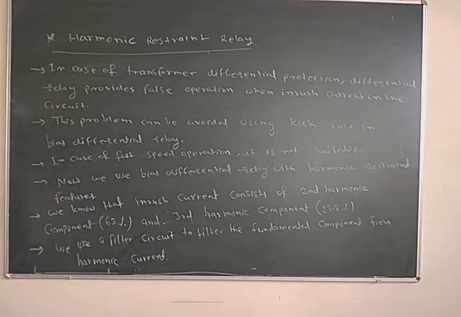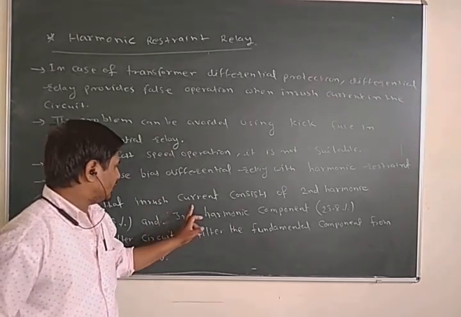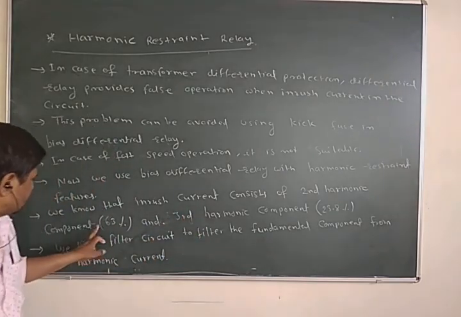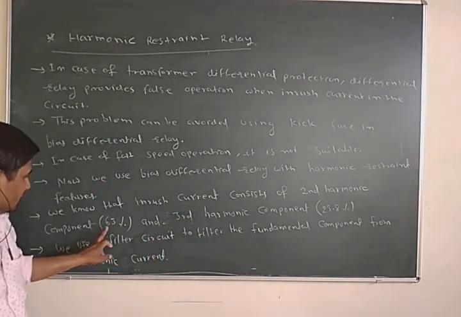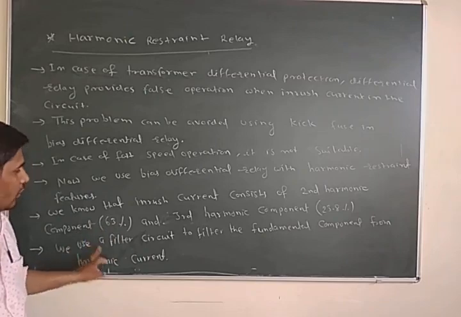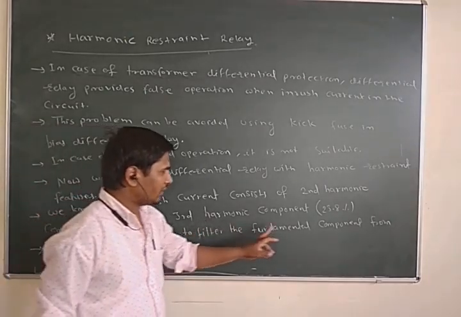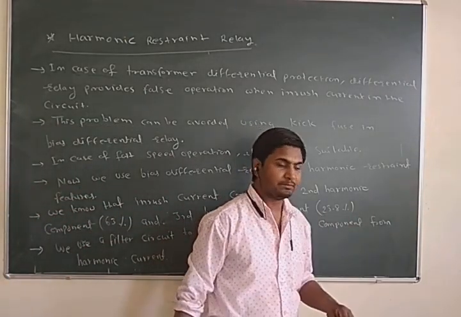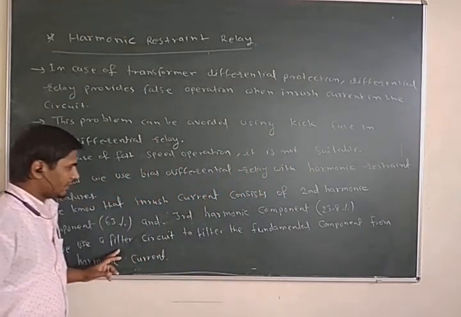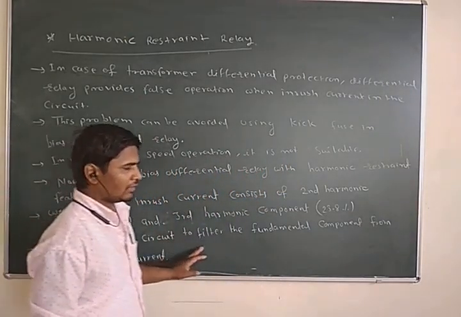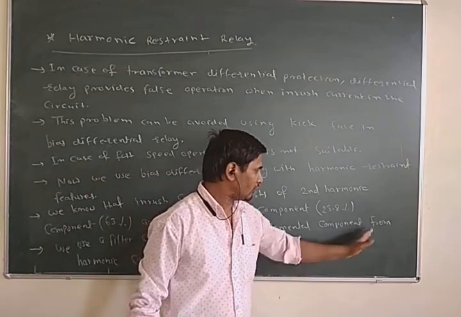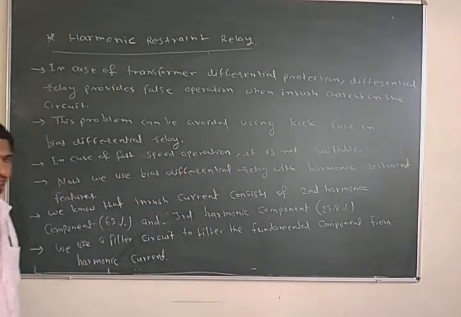So in inrush current, about 63% is the second harmonic component and the third harmonic component is about 23.8%.